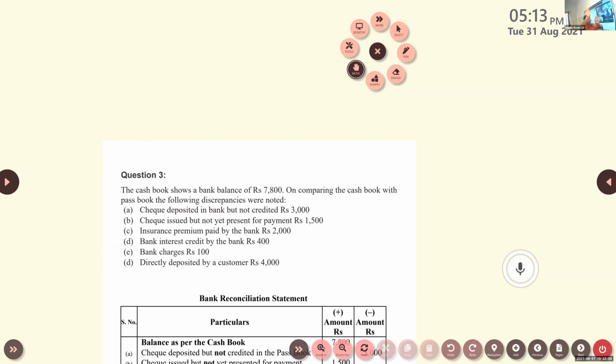Cash book balance went up because the business recorded it that check received. So bring it down. 3,000 rupees. So check deposited but not credited, you will write the amount under minus, less column. You will reduce it.